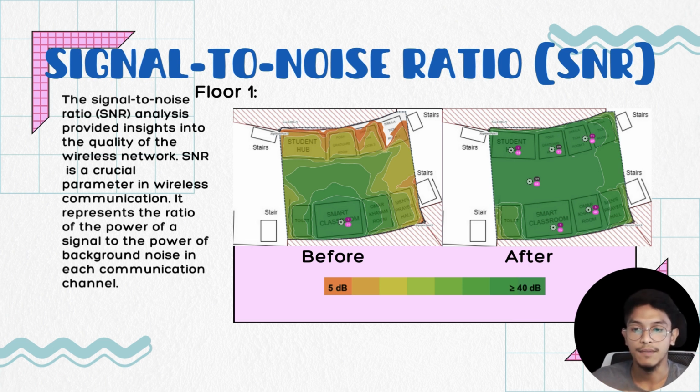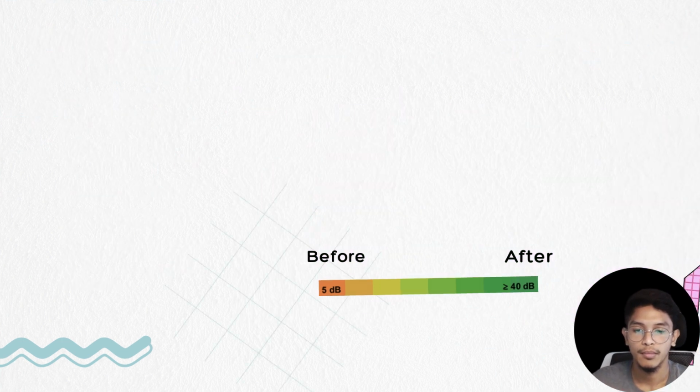Okay, in floor 1, before we proposed the design, the signal to noise ratio was not so good, but after the proposal, all the areas are covered with good signal to noise ratio.